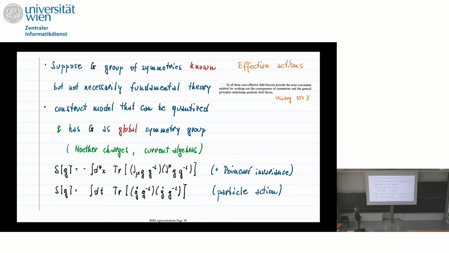The symmetry you are after is SU(3), for instance, or SU(3) cross SU(3). So you take SU(3) matrices g, and then by construction, you have a theory that has SU(3) as global symmetry group. And the fields that you are considering are really coordinates on SU(3). That's the model that you would like to quantize in the case when you have a Killing metric.